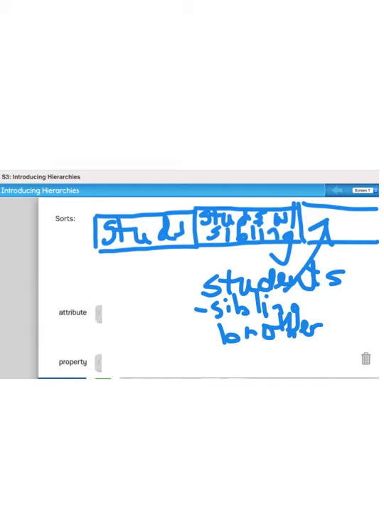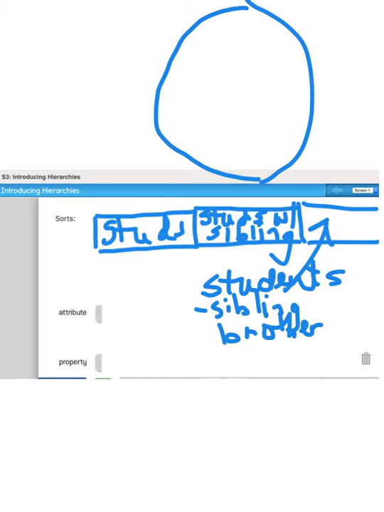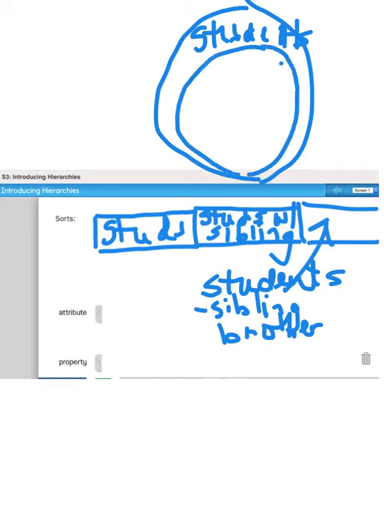Or maybe you would have thought to draw a Venn diagram. If you remember a Venn diagram, we draw a big circle, and you could say on the outside of that circle are all of the students in my class. Okay, then I'm going to make a smaller circle, and this is students in my class with a sibling.